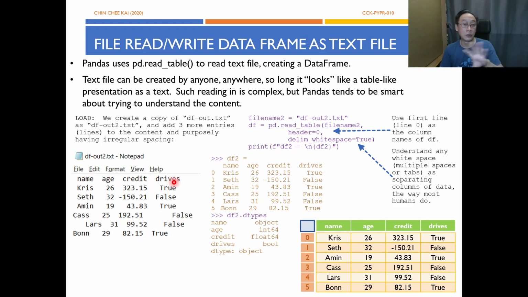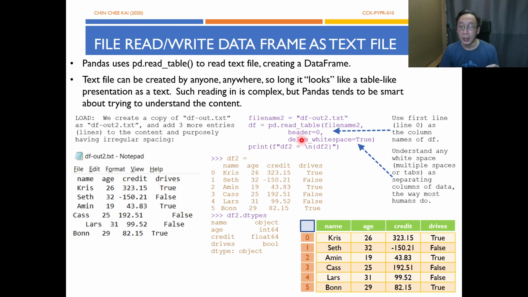Some text files don't come with the header line, and so you need to subsequently update the dot columns of the data frame created yourself. But here in our experiment, it does come with the column name. So we want Python to be able to read these names in and automatically create the columns named after them. We don't want to have to scan everything again and patch it up and all this.